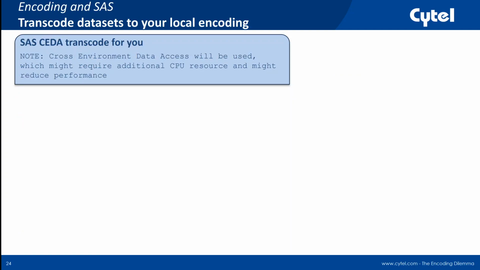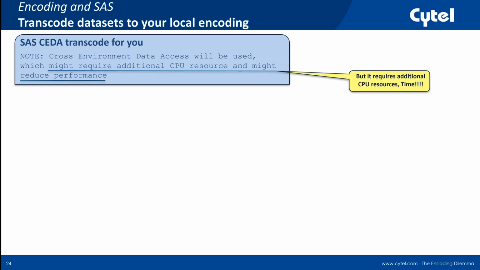One last recommendation I want to give is that it also makes sense to permanently convert datasets generated in other encodings to your local encoding before you use those datasets. This will save some SAS resources and execution time. In fact, if you have a look at the log when the cross-environment data access enters into action, it alerts you it will take some additional resources.